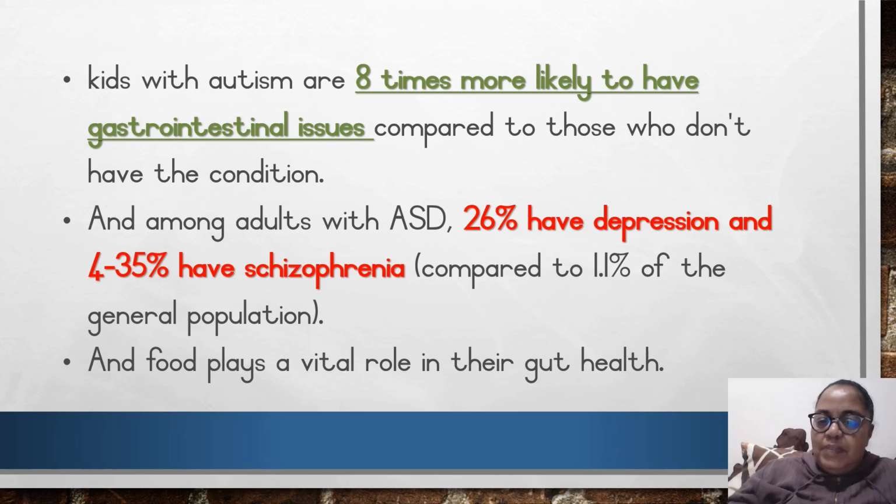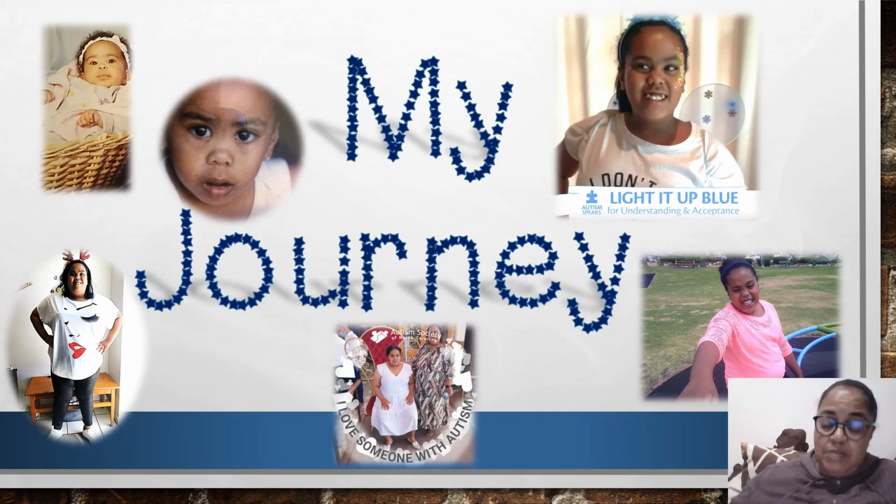So where do I begin? Her name is Micah Jane. She was born at 36 weeks. I think I had low blood when I was pregnant, and it was a pretty normal birth.